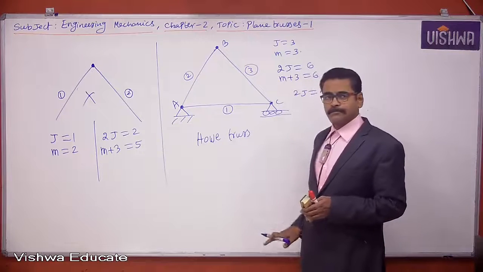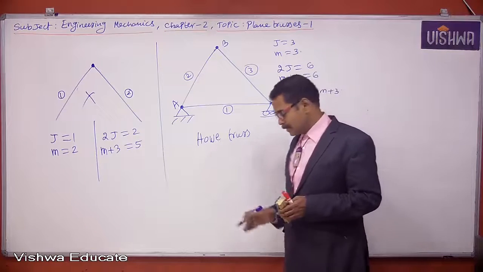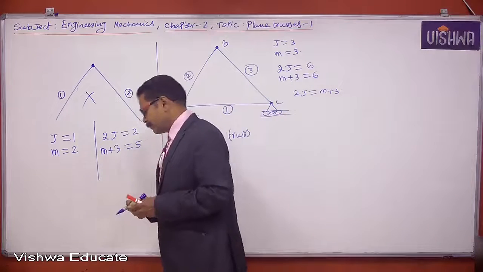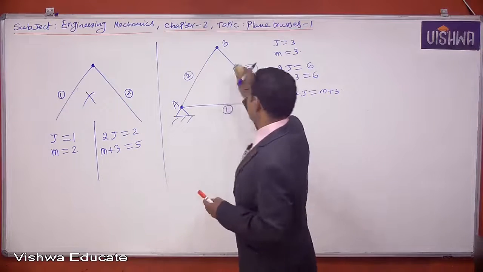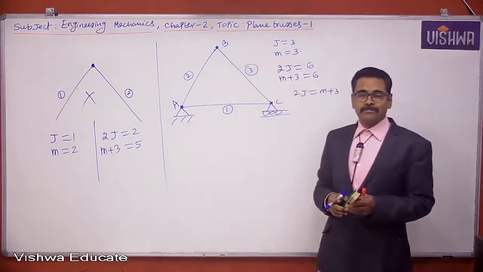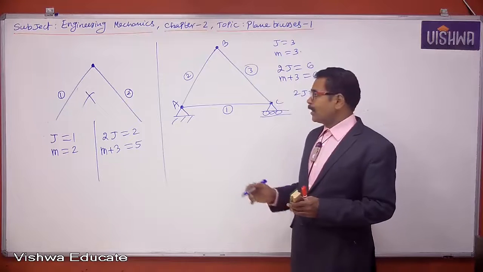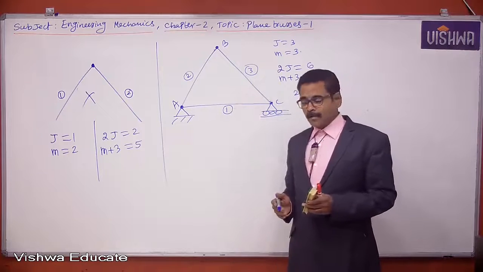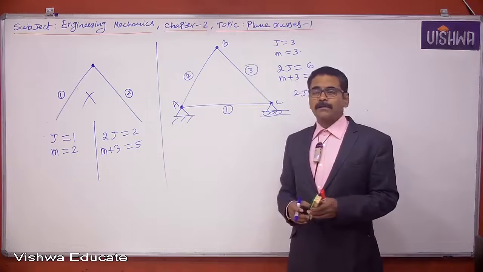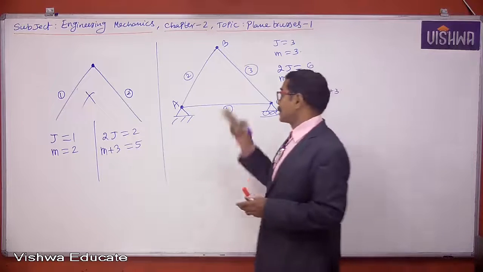Maybe it is the name of a scientist. Generally in plane trusses, if you see the physical shape of the truss, it is made with a number of triangles. You can always observe a number of triangles in a plane truss like this.